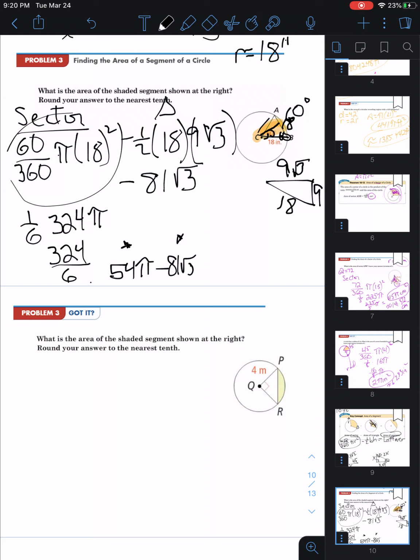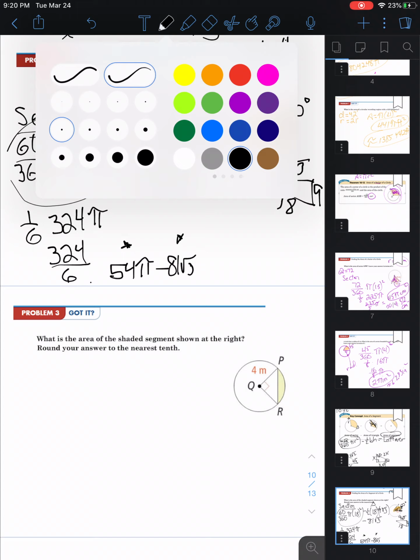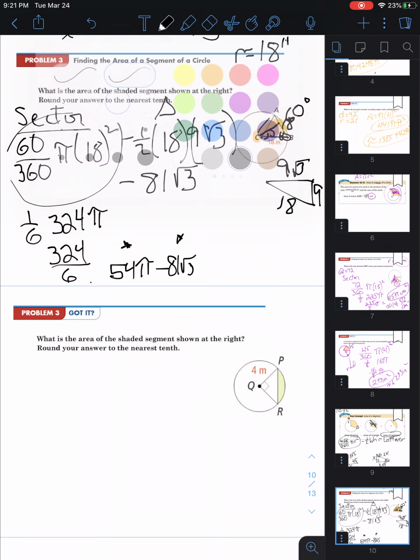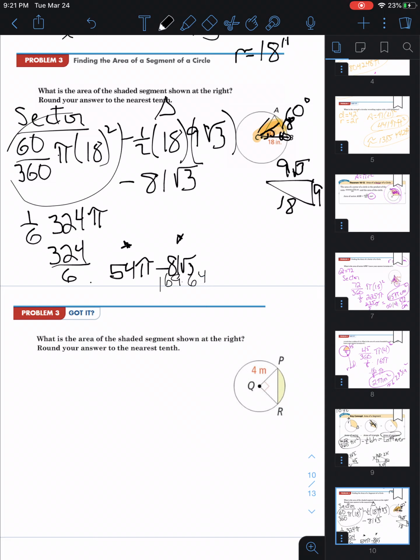So we're going to take 54 times pi, which is going to give us 169.646, minus 81 times rad 3, which gives me 140.296.